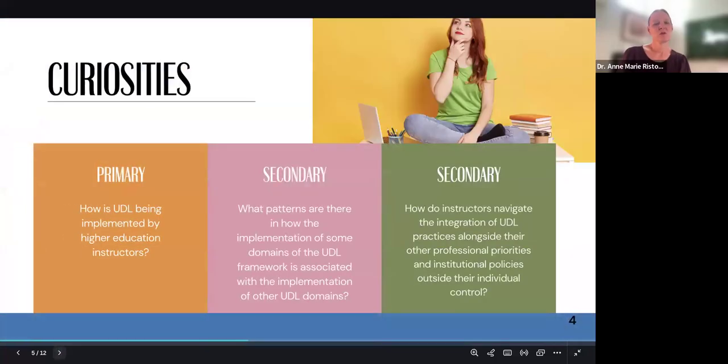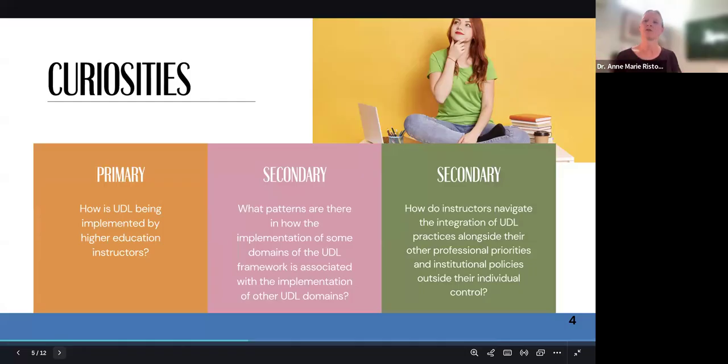Okay, so we had some curiosities, and our curiosities formed in questions. Our primary curiosity was looking at how UDL is being implemented by higher education educators and instructors. We had lots of conversations in our SIG around people writing introduction units for UDL, people trying to integrate UDL into their courses. And it was very surface level.